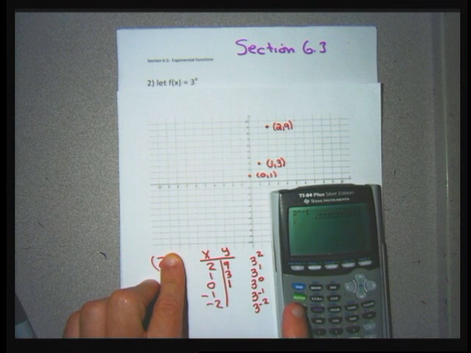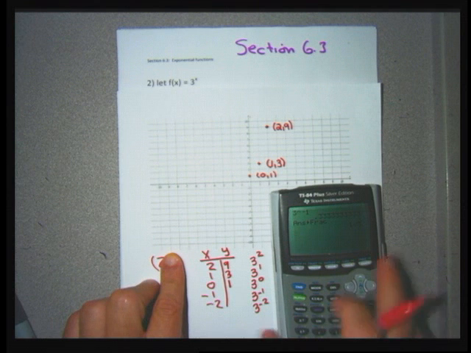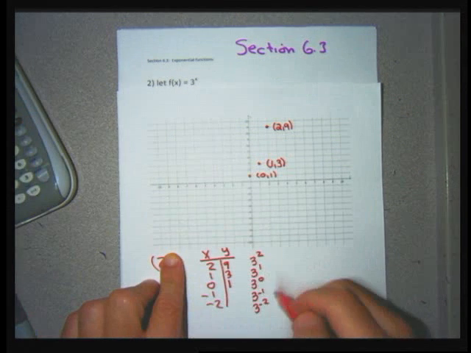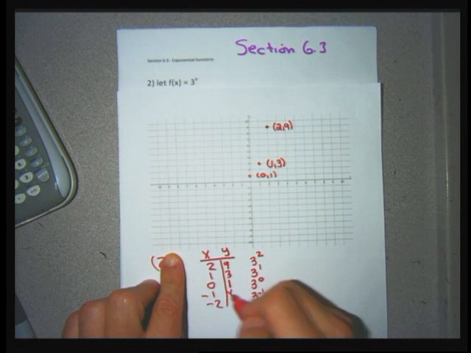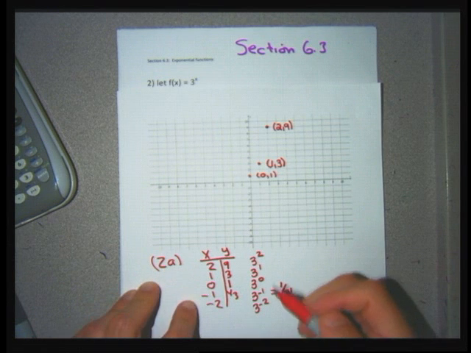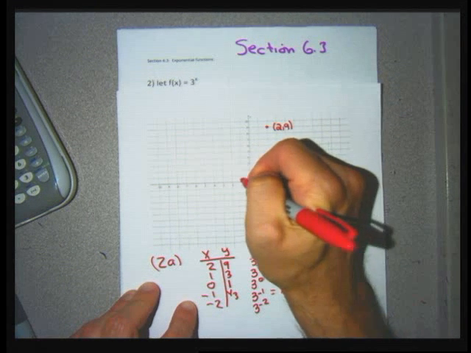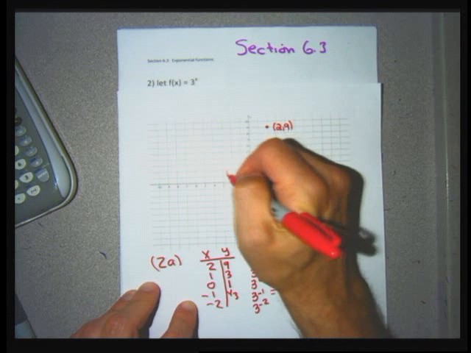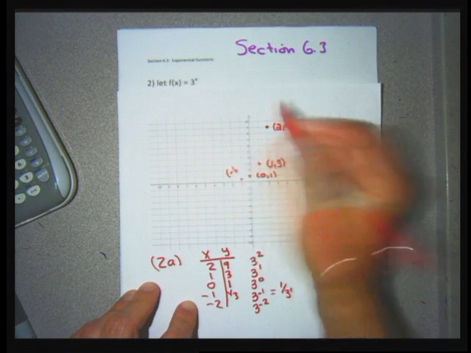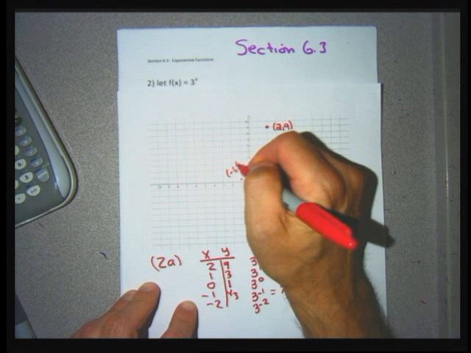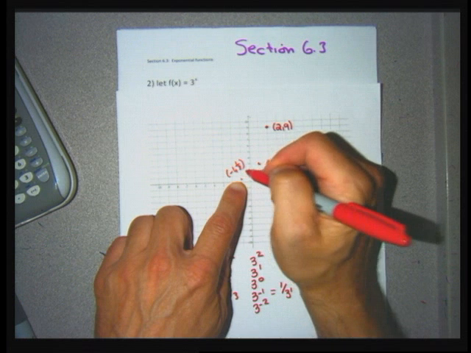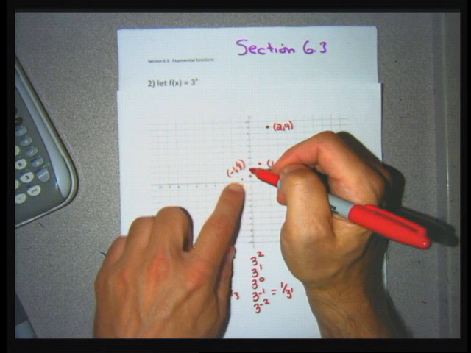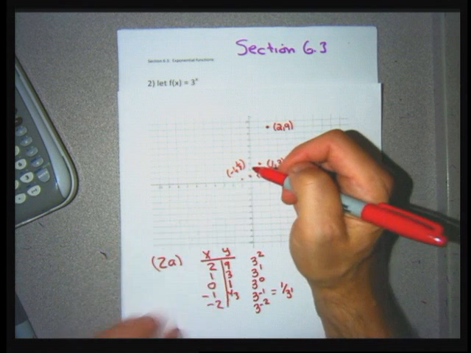If I hit math after that and enter twice, it tells me that 3 to the -1 is 1/3, because 3 to the -1 is the same as 1 over 3 to the first power, which is 1/3. So the fourth point I'm going to plot is -1 comma 1/3, and 1/3 is just slightly above the x-axis. So the dot that I made is probably closer to 1/2, maybe it should be a little bit lower. But anyways, I go left 1 and up just a little bit over the x-axis.